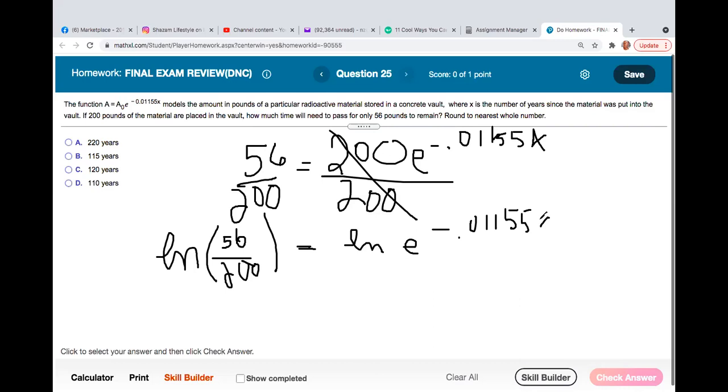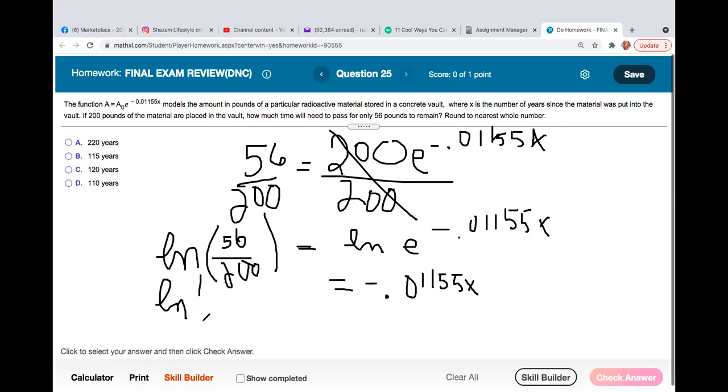I am going to apply the property that says when you have natural log of e to the x, the natural log and e cancel out and you're just left with the power. That's one of the rules of the natural log.